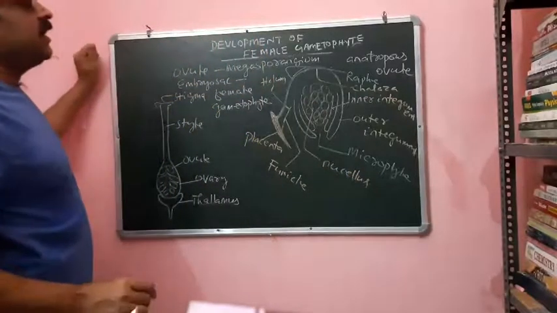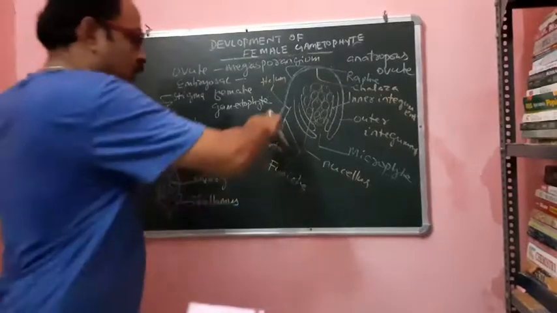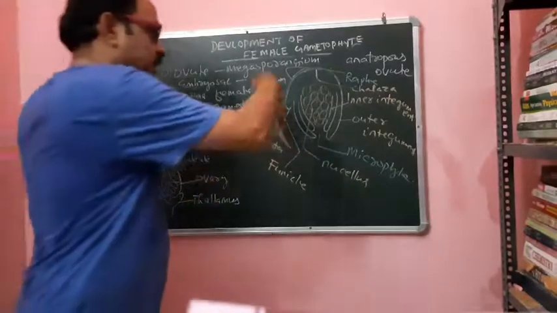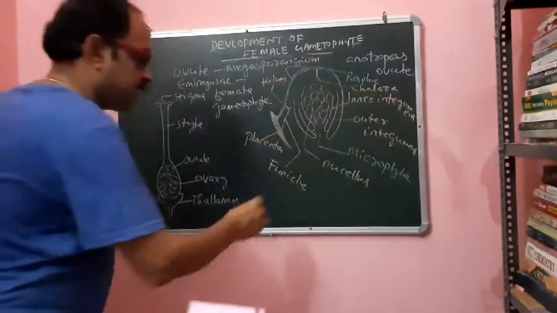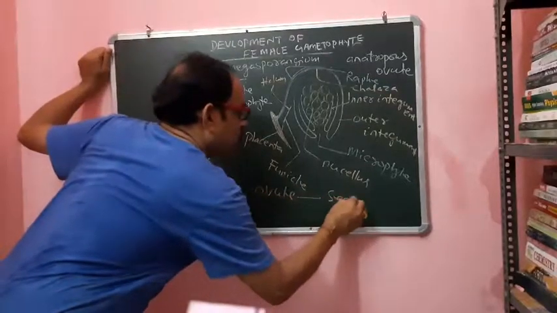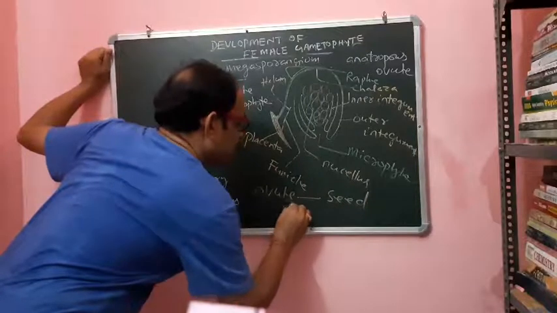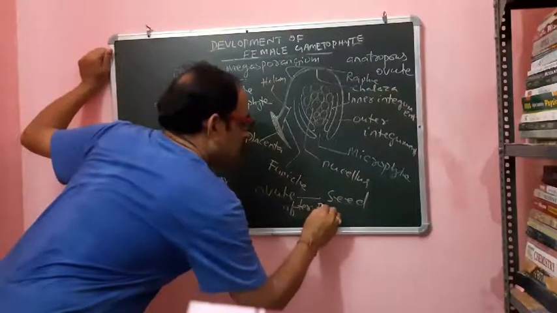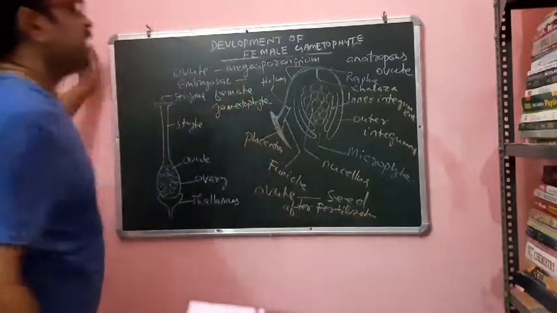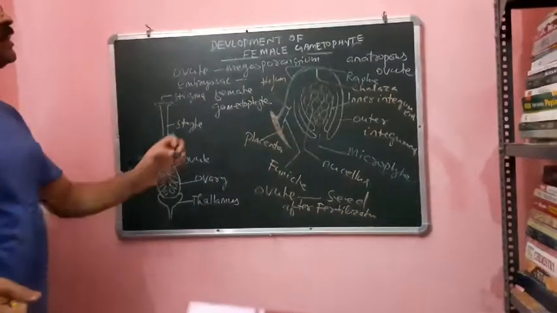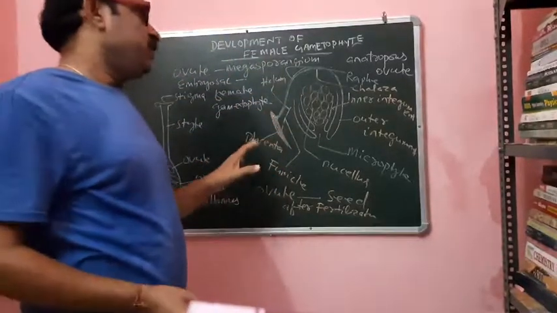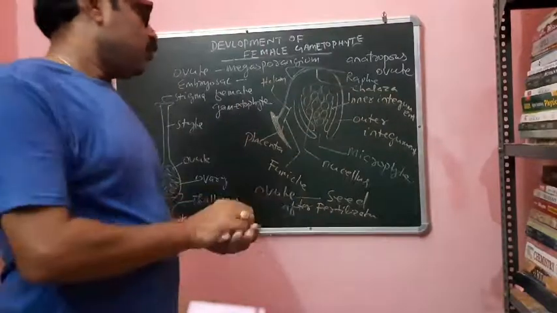After fertilization, the whole ovule is converted to the seed. This is the structure of an anatropous ovule, the ovule of most angiospermic plants.